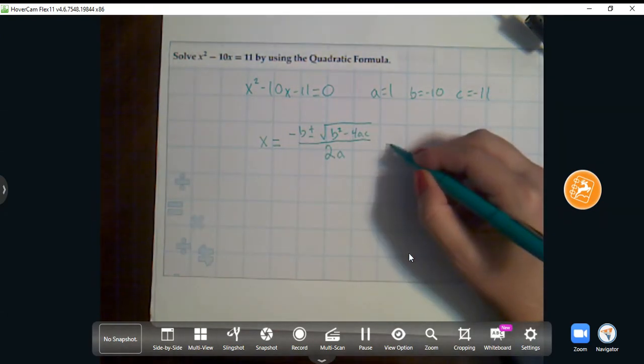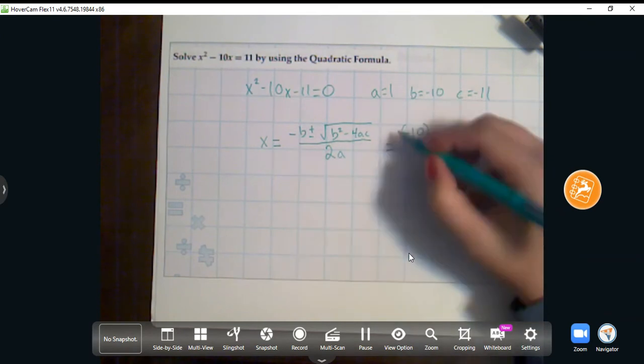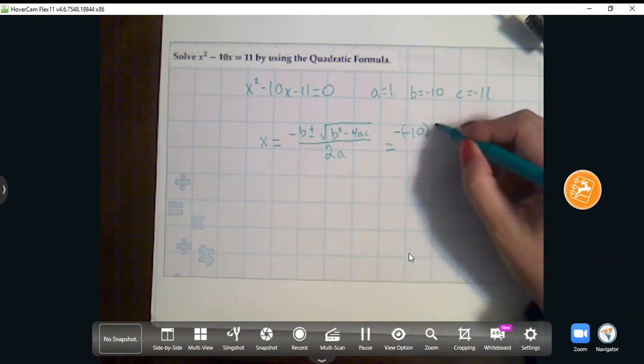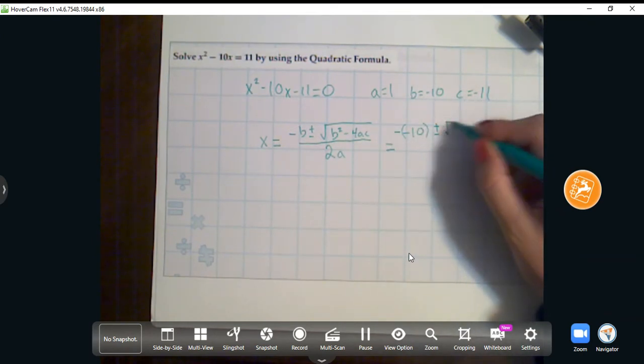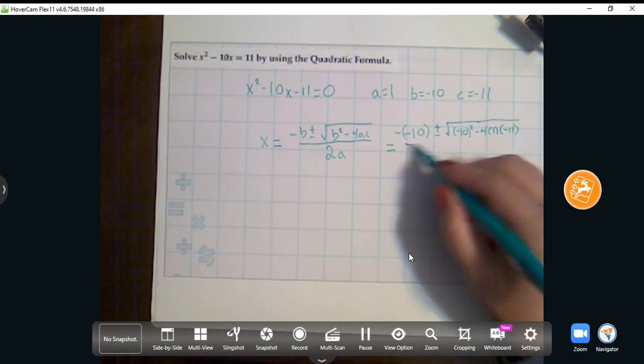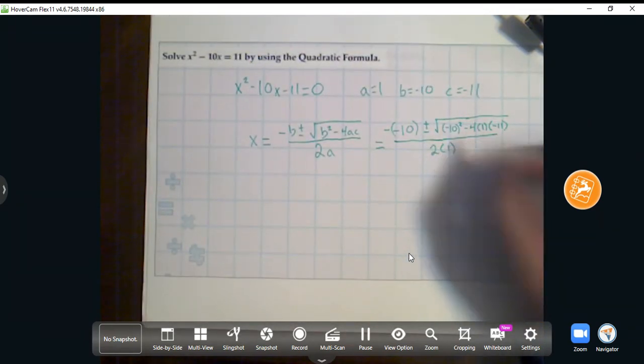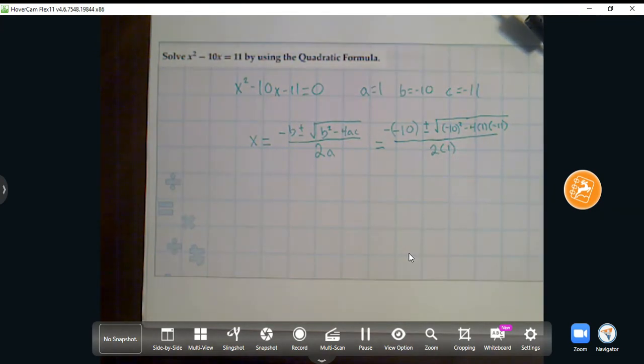So our first step is just going to be to plug everything in. So I have negative 10, but it's not just negative 10. It's a negative 10 plus or minus the square root of negative 10 squared minus 4 times 1 times negative 11, all over 2 times 1. And that right there is going to be an important step and one that I would give you credit for.